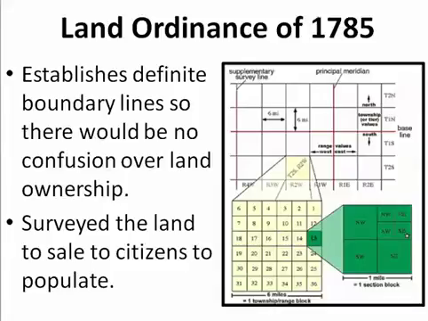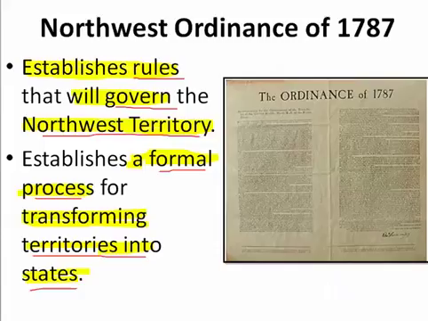So the Northwest Ordinance is going to come in 1787, two years after the Land Ordinance, which surveys the land. The Northwest Ordinance is going to establish the rules that govern the Northwest Territory.